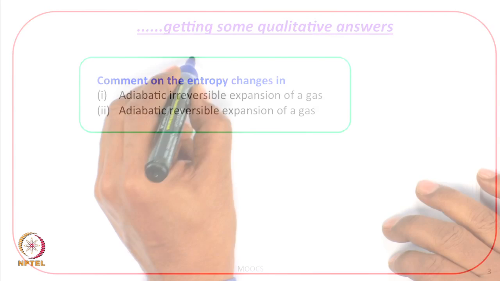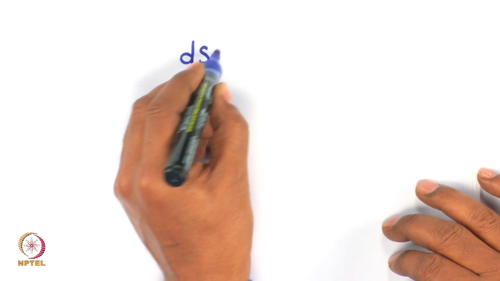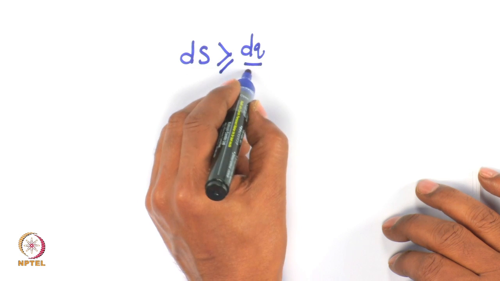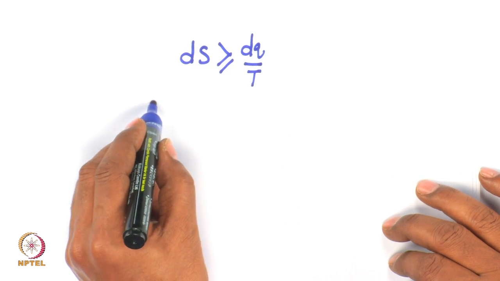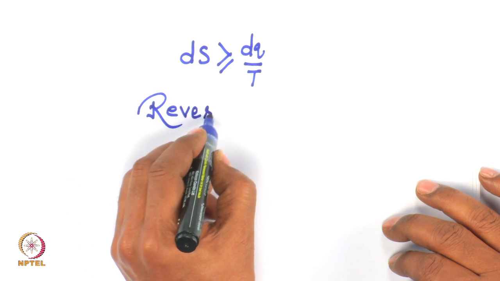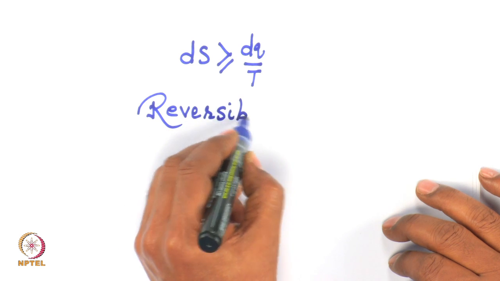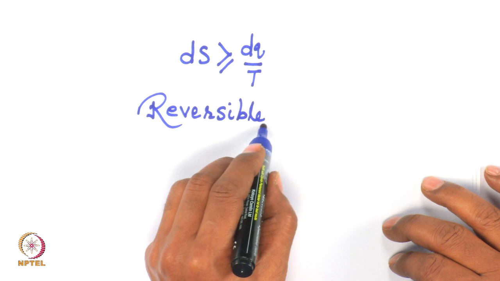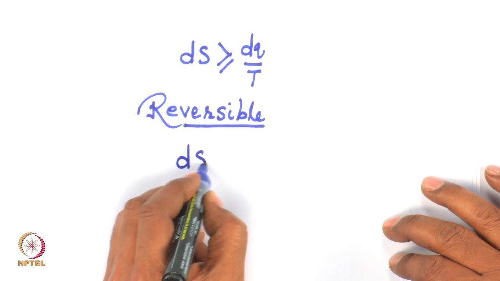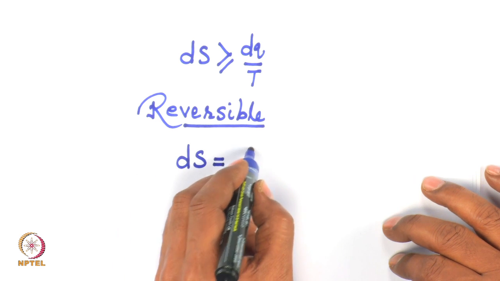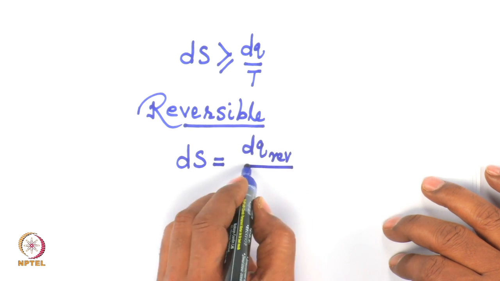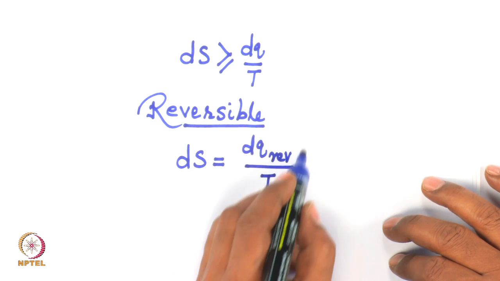Once again, I will start with the Clausius inequality, ds is greater than or equal to dq by T, and if the process is reversible, that means I will use the equality sign. So, ds is equal to dq reversible by T.